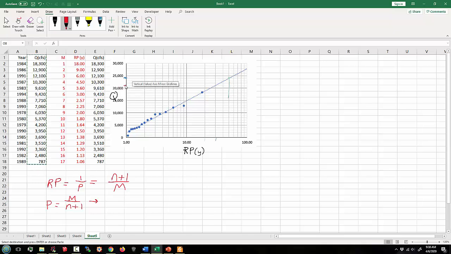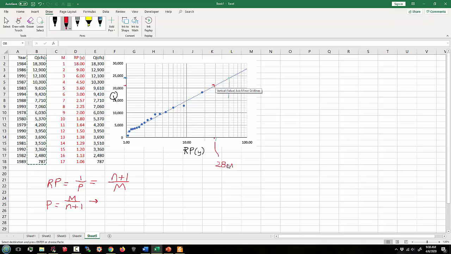So we want to know how often a peak annual discharge of 21,000 cubic feet per second occurs. We can use the relationship we have here again. Following that over to there, it looks like it occurs about once on average every 28 years or something like that. So we would say a peak annual discharge of 21,000 cubic feet per second happens on average once every 28 years.